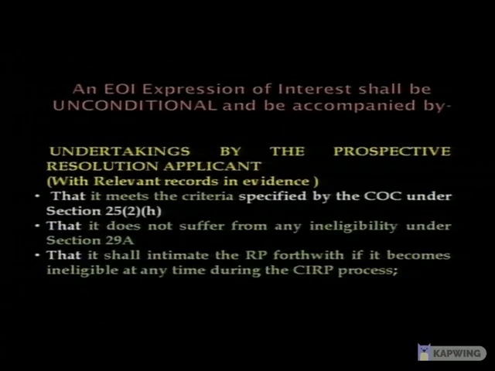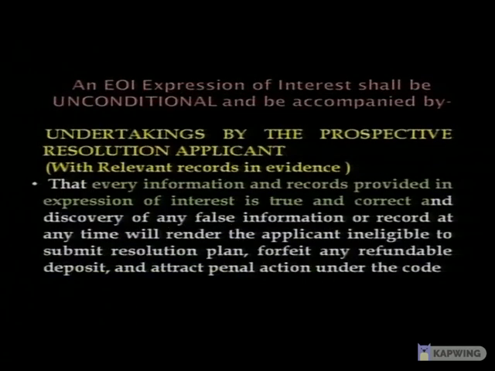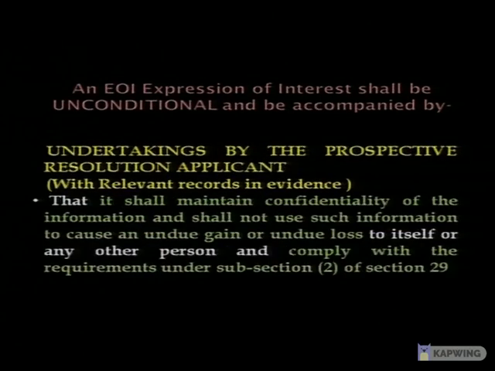Also, these undertakings have to be given by the prospective resolution applicants, that every information and record which they have provided in the EOI is true and correct. If there is any false information, then of course that applicant will become ineligible, any refundable deposit would also be forfeited, and penal action under the code would be taken against the PRA.